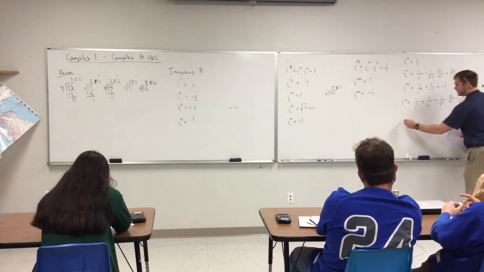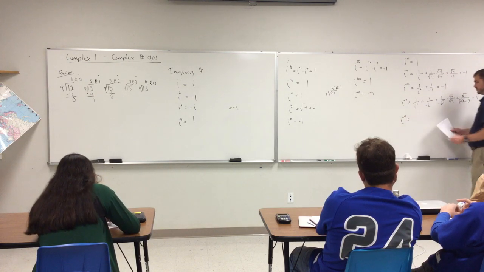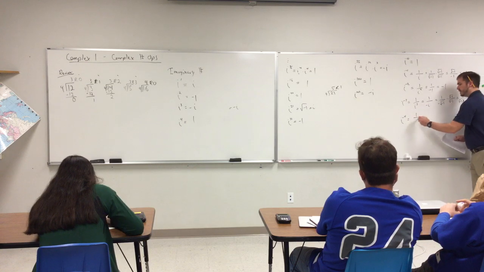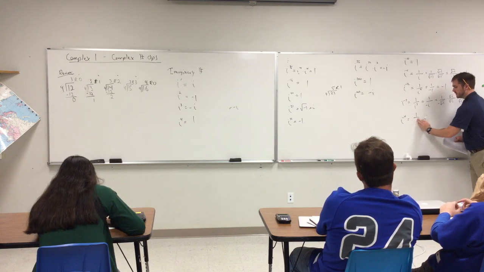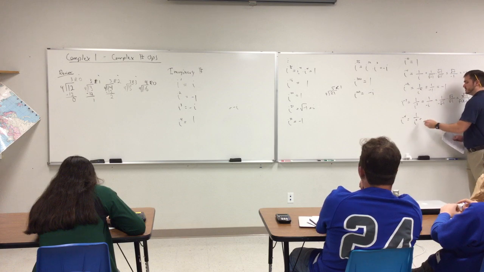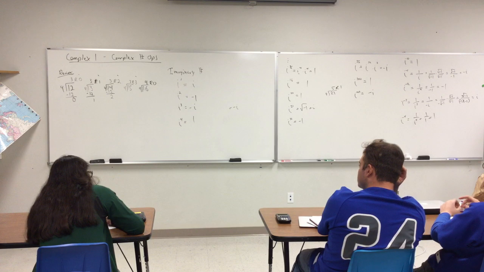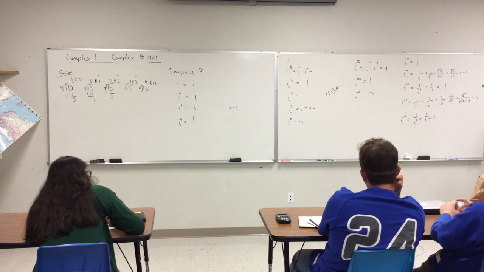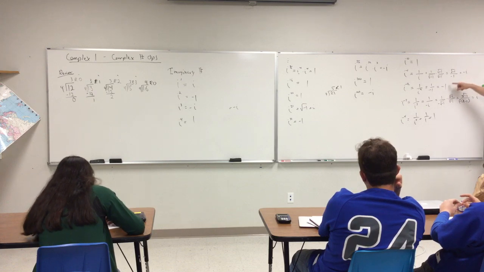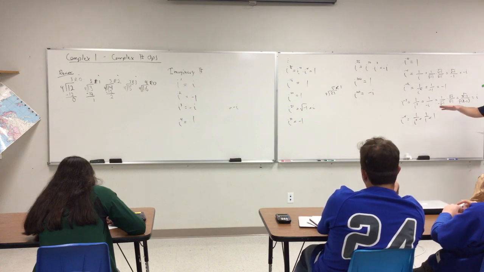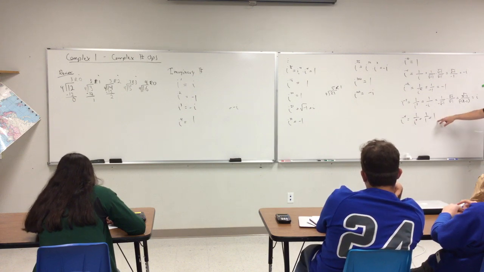And I to the negative 4th is 1 over I to the 4th, so 1. And then it's going to repeat: negative I, negative 1, I, and then 1. So every 4 that we go down, it's going to be 1. So when we're at multiples of 4 in the negative, we're here.